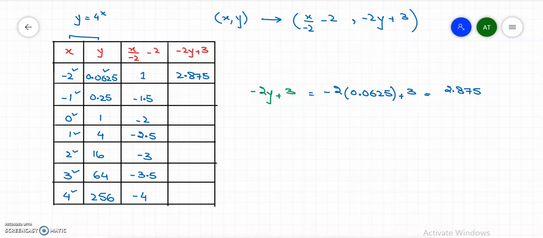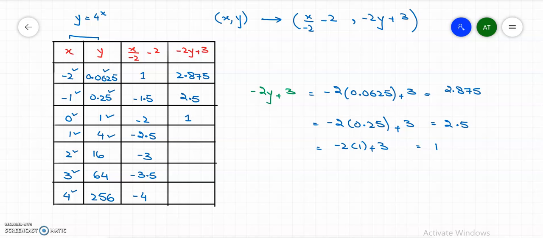Okay, when y is 0.25, we have -2 times 0.25 plus 3, and that is equal to 2.5. Now when y is 1, we have -2 times 1 plus 3, that would be equal to 1.